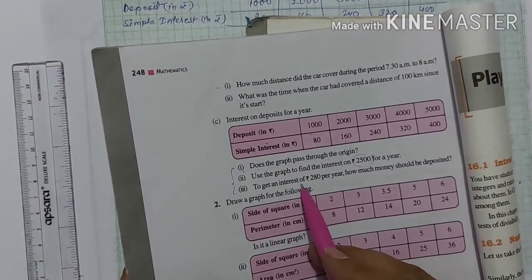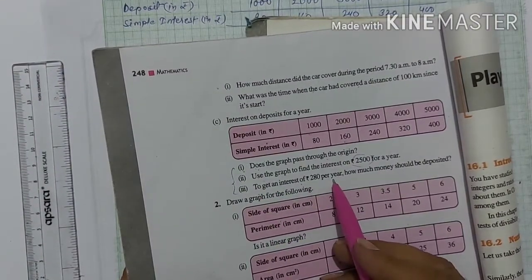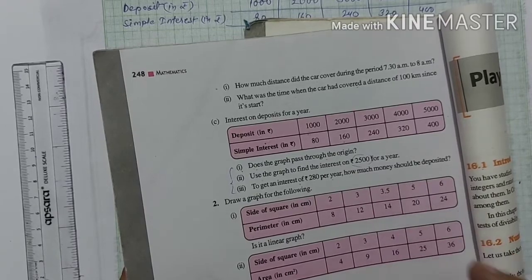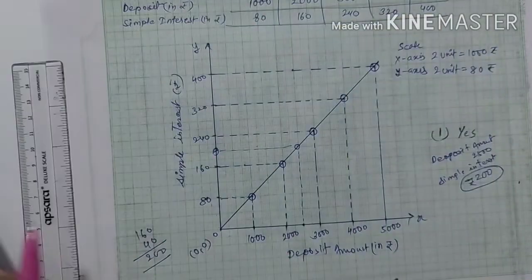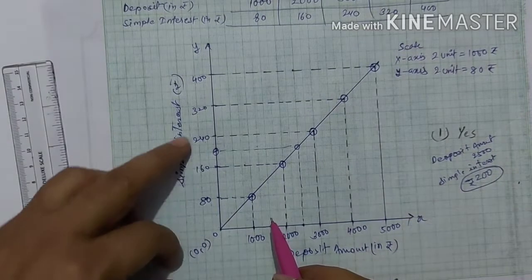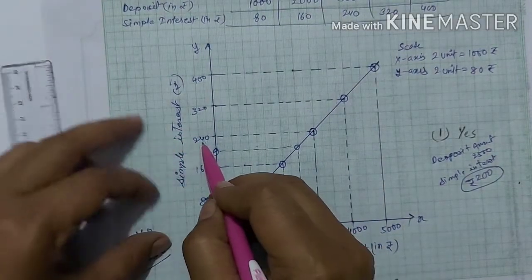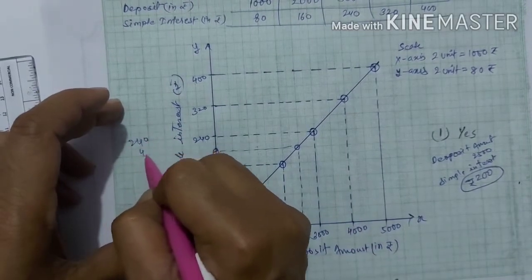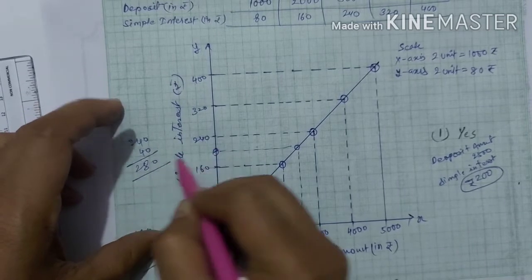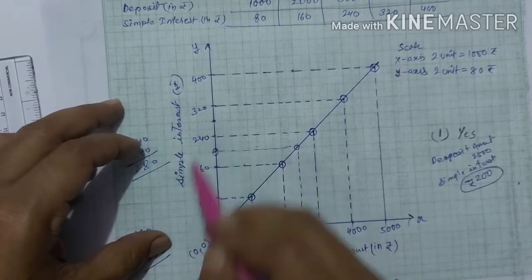Third: to get an interest of 280 per year, how much money should we deposit? Where is 280? 240 plus 40 is 280. This is the point of 280.